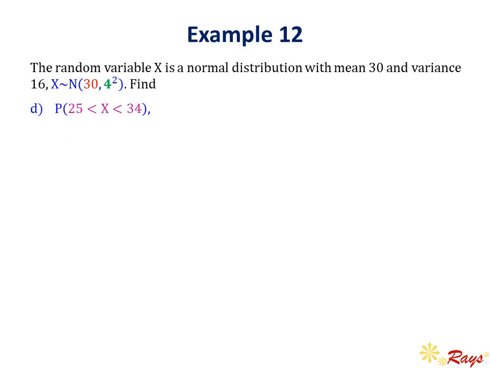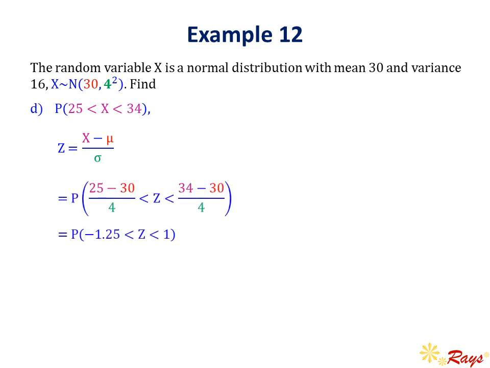Question D, the last question of example 12. Find the probability of x in between 25 and 34. We can see that both values here are positive, but we need to make sure that the area is really at the right hand tail by converting this into standard normal distribution. So this is the formula to convert, and substitute all the values.